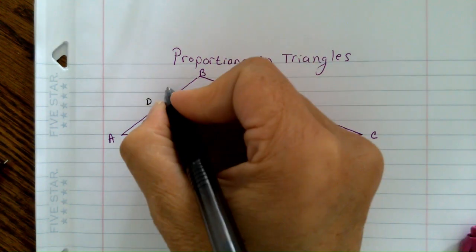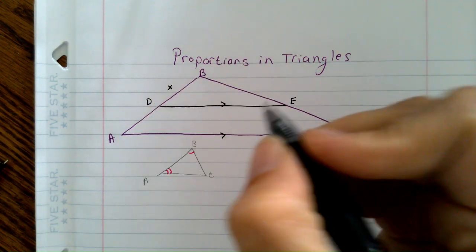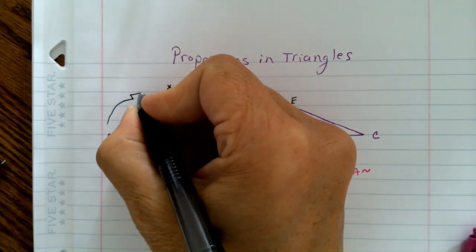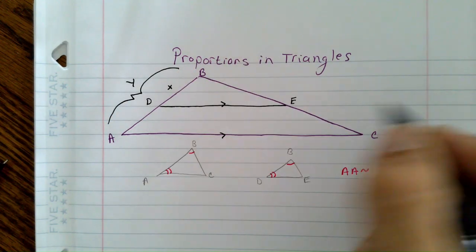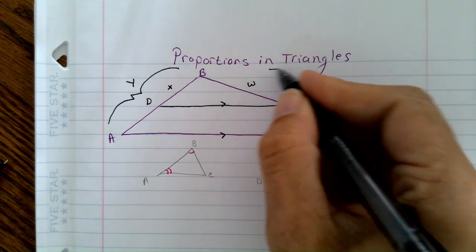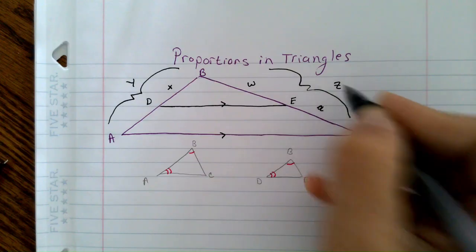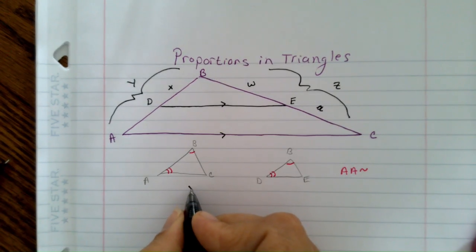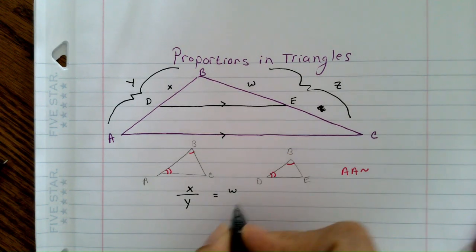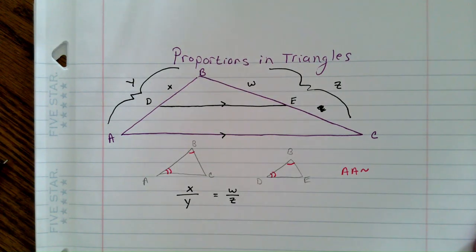So I'm going to call this X, and I'm going to call this whole thing Y. I'll call this W, and I'll call the whole thing over here Z. So left side is to left side, as right side is to right side. And you can think of it that way if you want. And that would be when the parallel bases are sitting down low. If you need to rotate the triangle so the parallel bases are sitting down low, go for it.